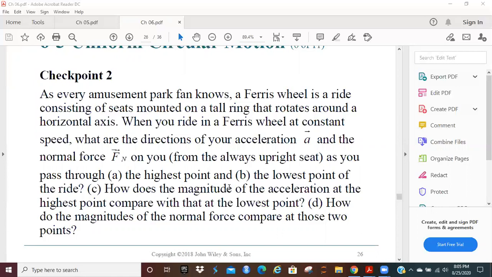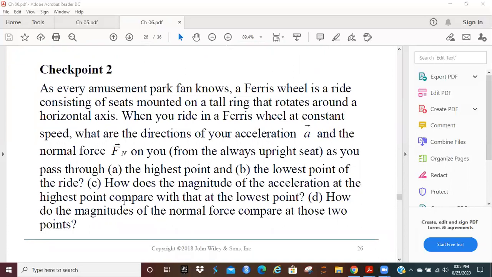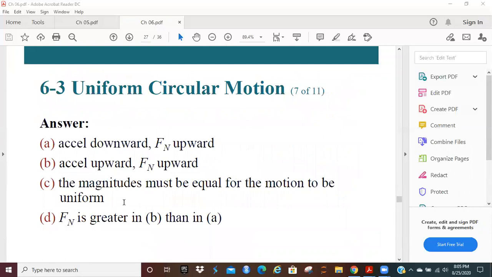Basically, you've got seats mounted on a tall ring that rotates around a horizontal axis. So when you ride in that Ferris wheel at a constant speed, what are the directions of your acceleration and the normal force as you pass through the highest point, the lowest point, and how does the magnitude of the acceleration at the highest point compare to that at the lowest?